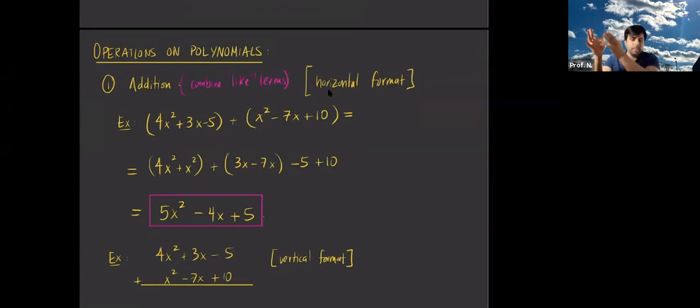They're lined up according to their term. So 4x squared, again, it's the same idea. We're just combining like terms. It's 5x squared. Then 3x and minus 7x is minus 4x. And then minus 5 plus 10 is plus 5.